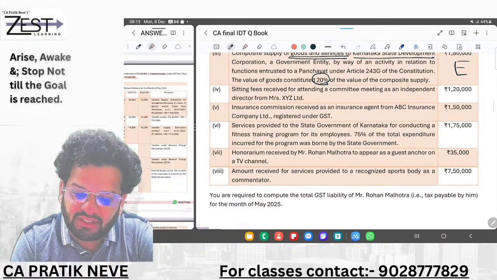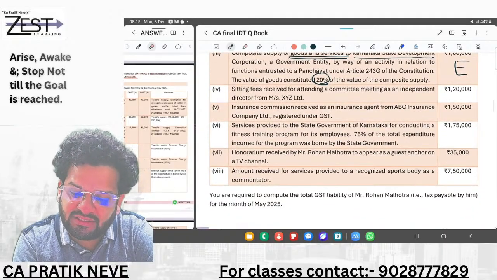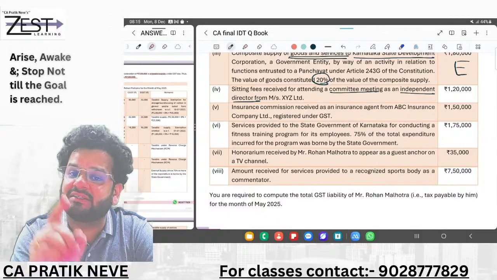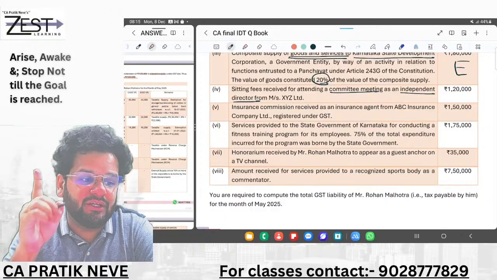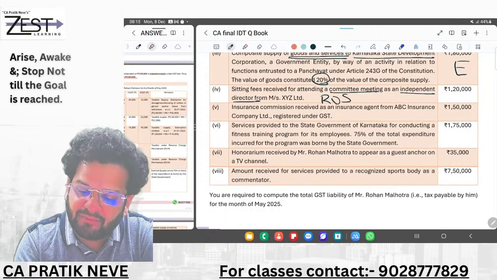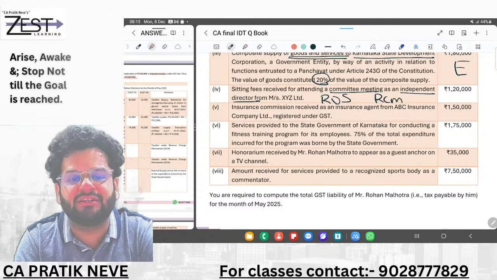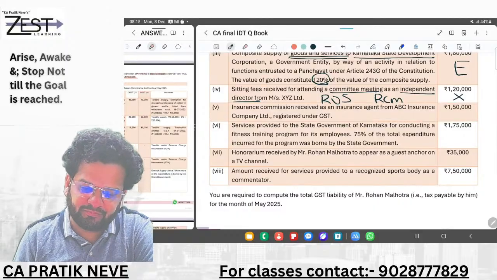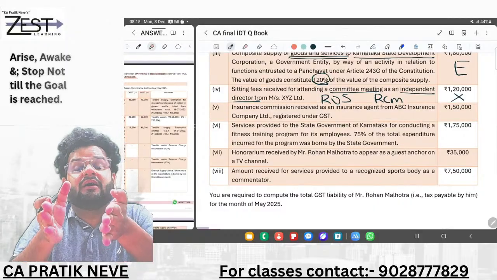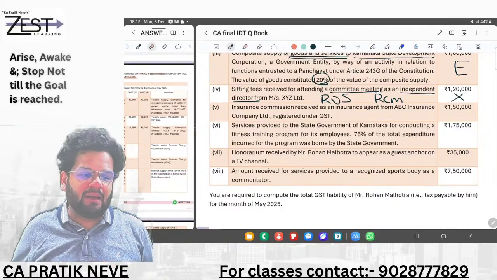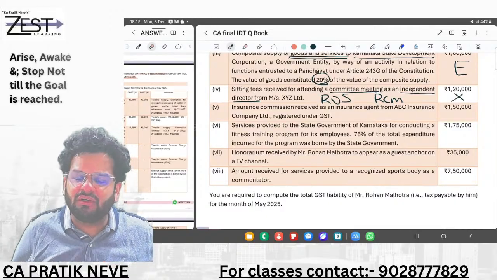Next, sitting fees received for attending committee meetings as an independent director. Here the liability to pay GST is of the recipient of supply on reverse charge mechanism. So I will not be liable to pay GST, because the director is giving the supply to the company, so the liability to pay GST will be of the company.